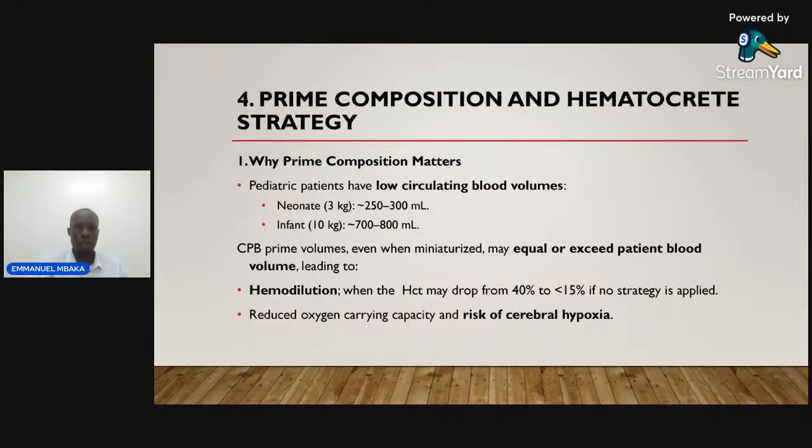So the CPB prime volume, even when miniaturized, may equal or exceed the patient's blood volume, leading to hemodilution. For example, when a patient has a hematocrit of 40 and you do your calculation of post-CPB hematocrit, you'll find it has dropped to 15%. And if no strategy is applied, you might find there is increased risk of cerebral hypoxia. Next slide.